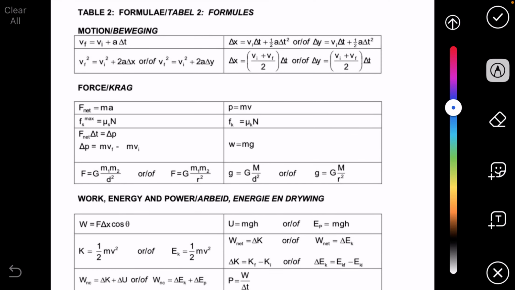Why did I have to choose from these formulas? It's because they said that the bullet was moving horizontally. And why did I not choose this other formula for calculating the force?